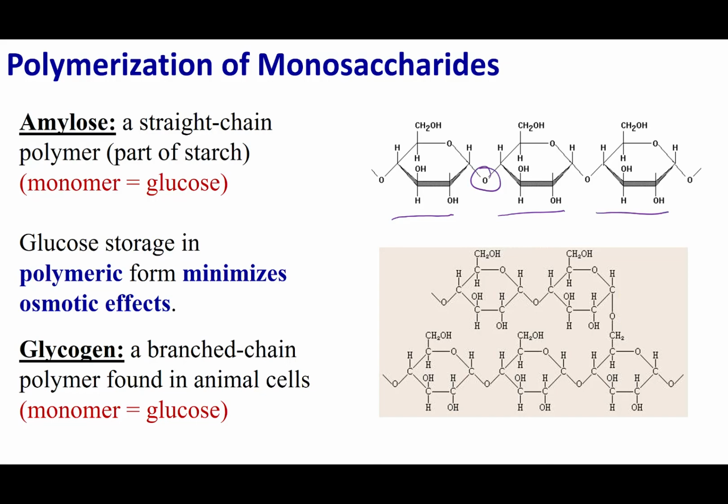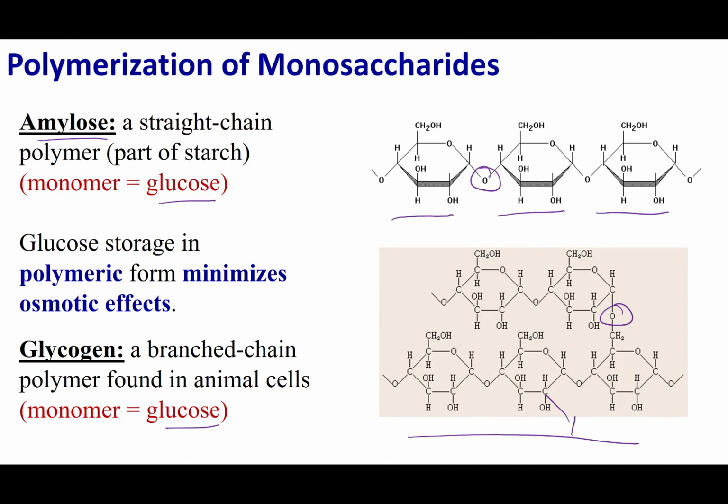Plants can store sugars in this straight chain, and if they go ahead and use glucose and put that glucose in a straight chain, we call that amylose. It turns out mammals like us also take glucose, but we like to go ahead and make that glucose branched. And so instead of a straight chain polymer, my polymer branches off here and there, and this is called glycogen.